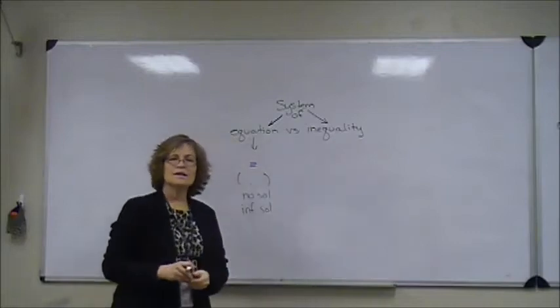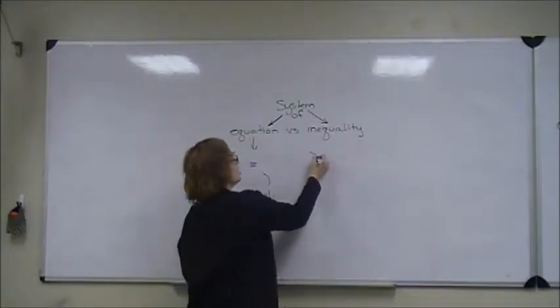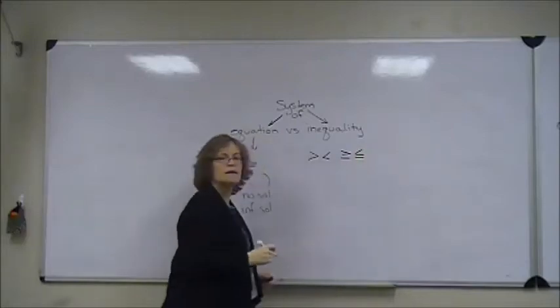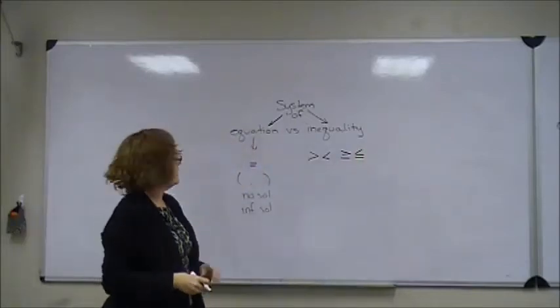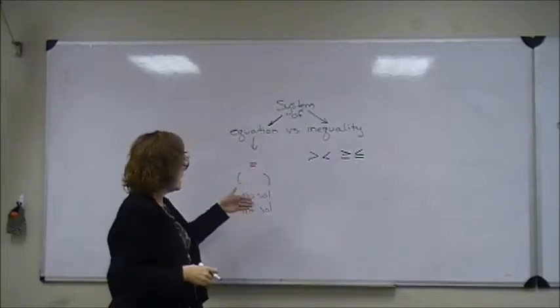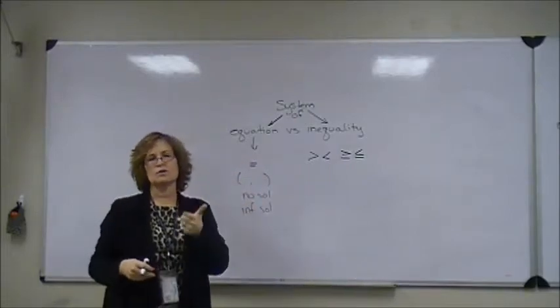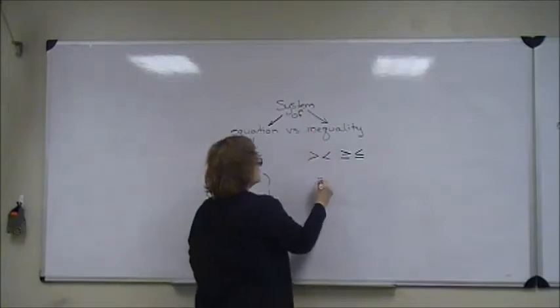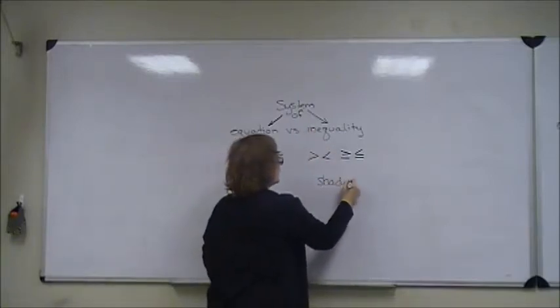Well, an inequality does not have an equal sign. It has a greater than, less than, greater than or equal, or less than or equal to sign. And this time you're not going to be able to say that there's going to be an ordered pair or no solution or infinite solution. When you solve a system of inequalities, it will take shading.